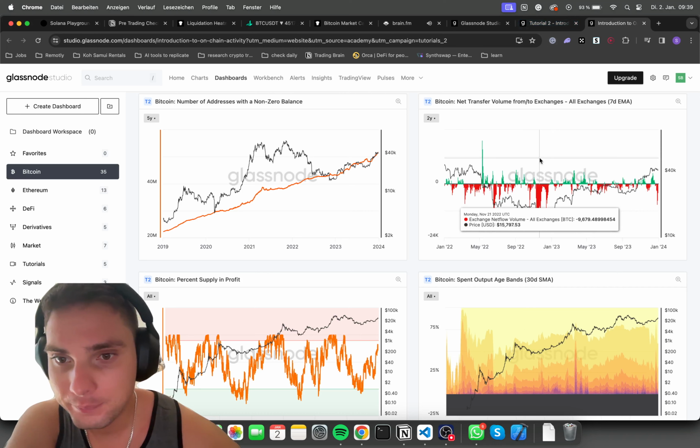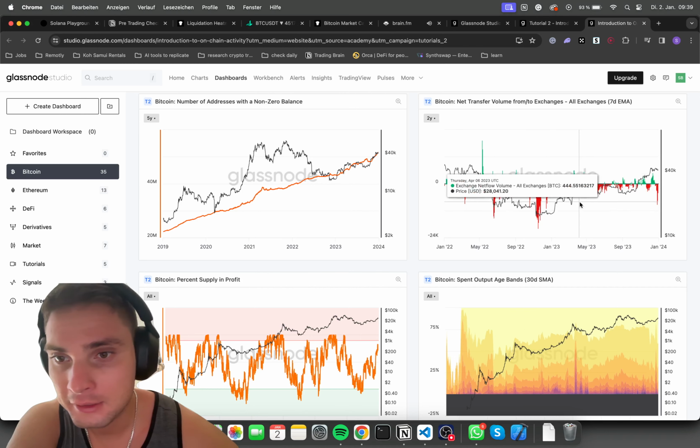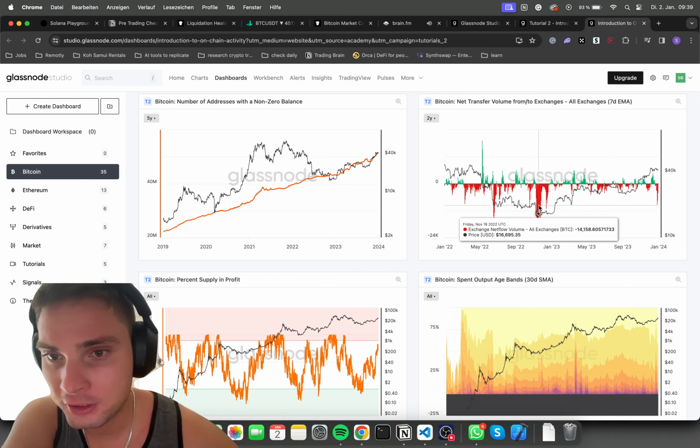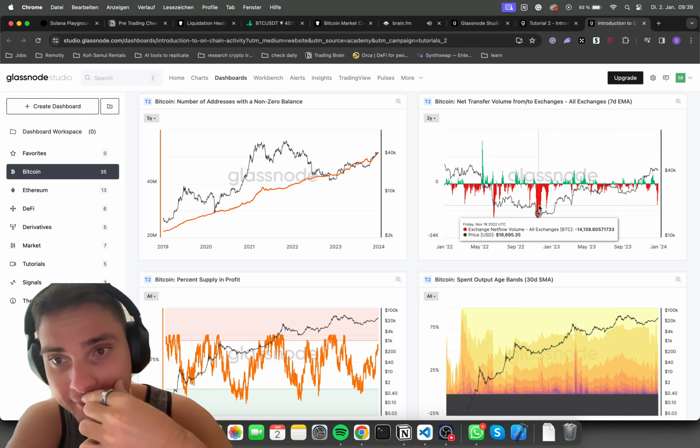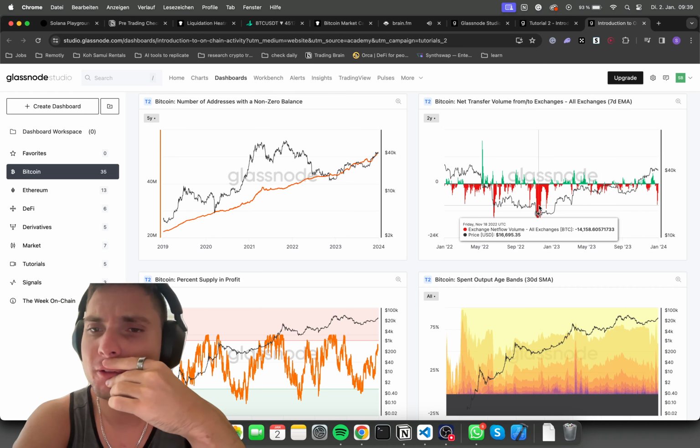We see, I expect, so how to interpret this? I expect red to be outflows. Exchange net flow volume. If it's negative, we expect outflows.